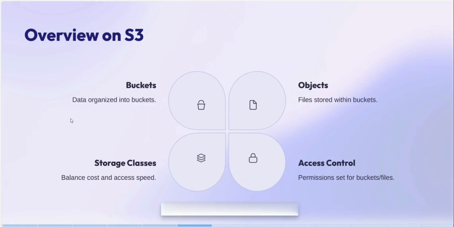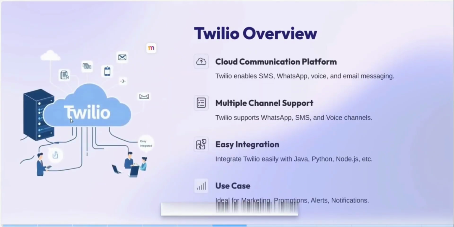In this framework, we are using these two Amazon services, and the next one is Twilio, which is completely a third party one, and it is also a cloud communication platform. With the help of this cloud communication platform, we can send emails, WhatsApp messages, and SMS also.